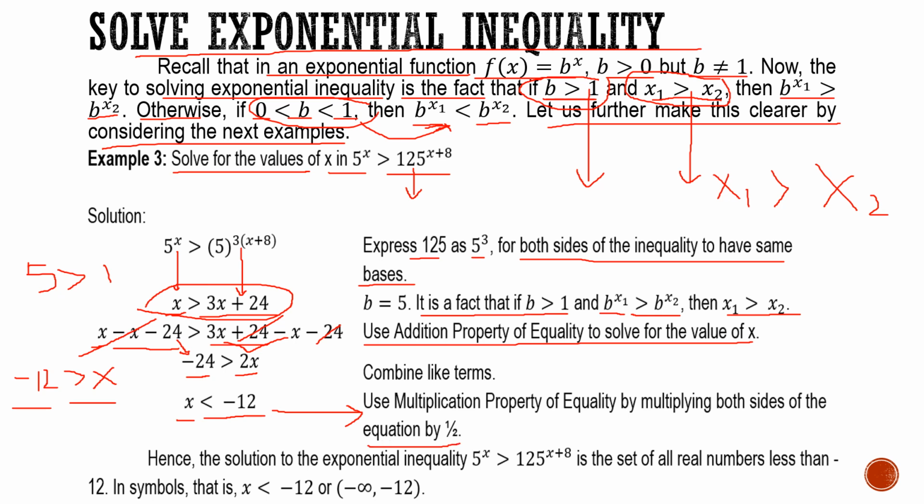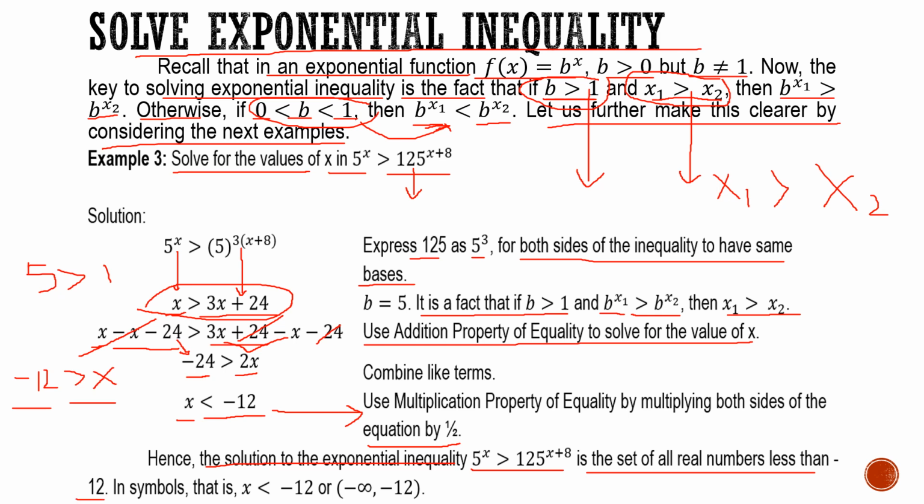Or we just simply divide both sides by 2. So hence, the solution to the exponential inequality 5 raised to x is greater than 125 raised to x plus 8 is the set of all real numbers less than negative 12.